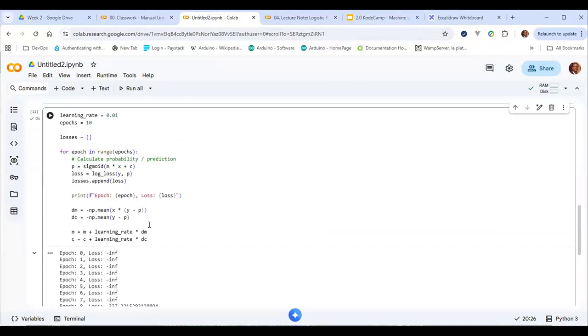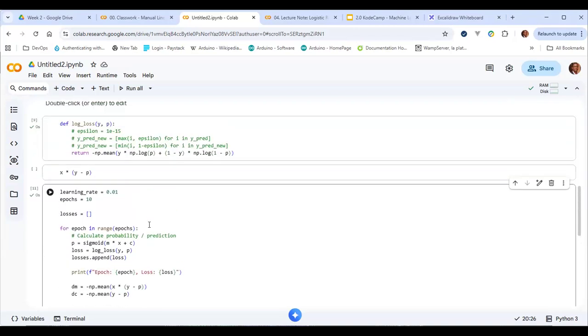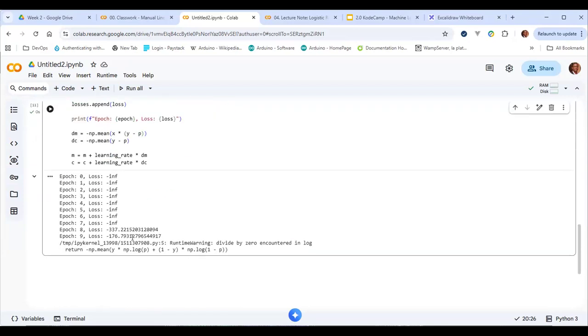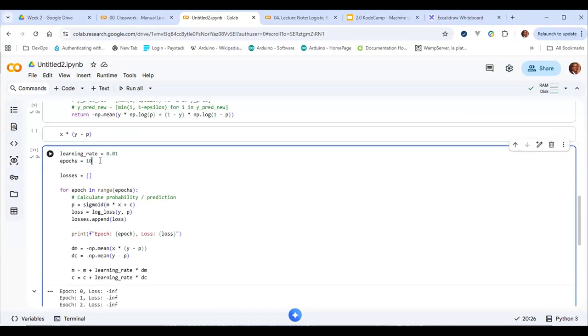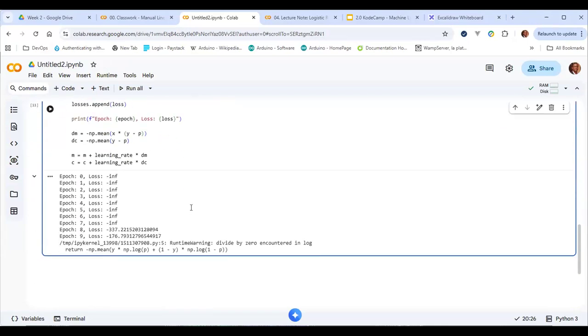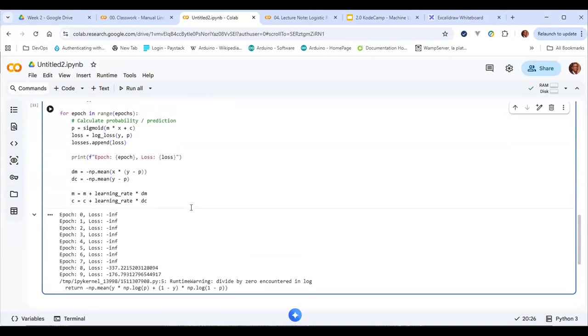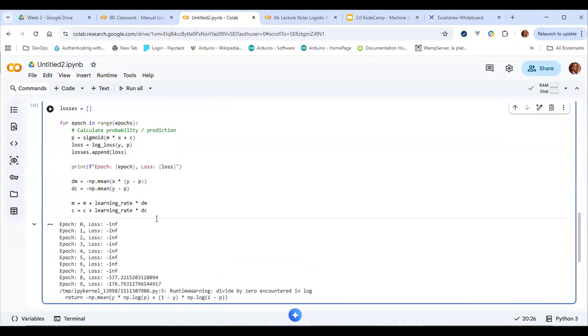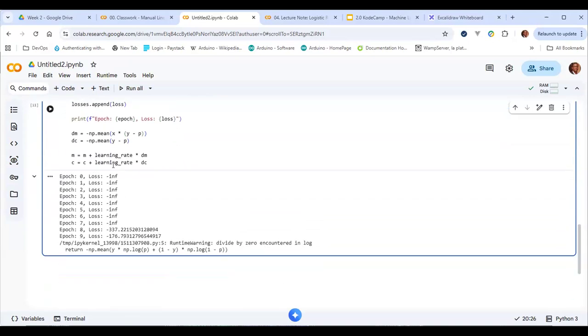Okay, so we start off with, yeah, I have to reset the parameters. But anyway, it was actually going downwards, so it seems like it was okay. But yeah, let's reset. The losses were very high because the parameters were also very high.